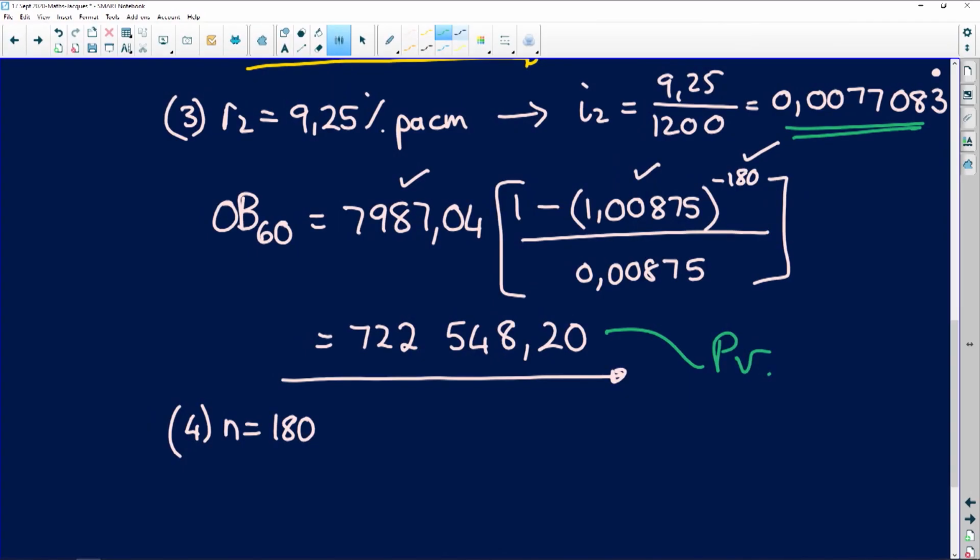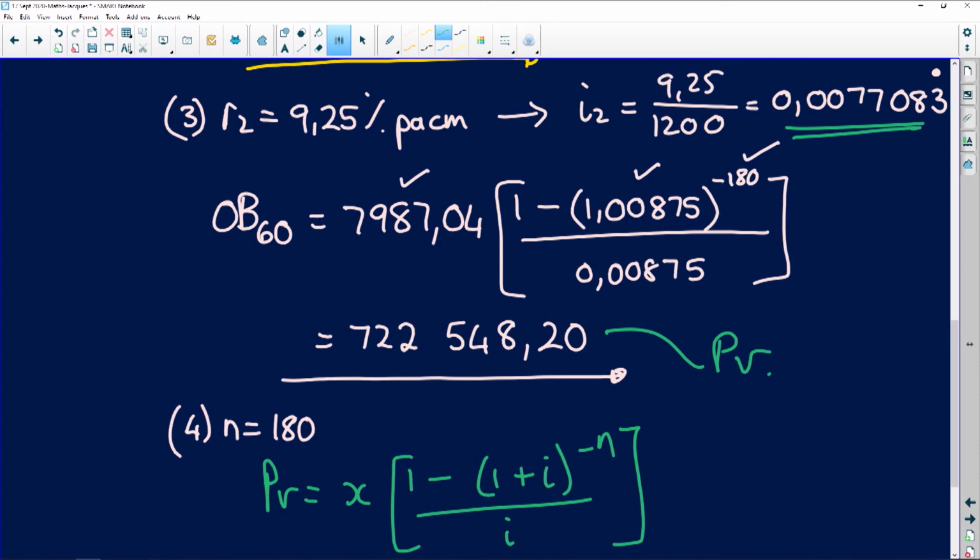Okay, so let's structure our formula again. Present value is x times 1 minus 1 plus i to the minus n, over i. Remember what I said, all those decimals must go along. So this will be x times 1 minus the 1 plus i, 1 minus 1.0077083 recurring to the power of 180.